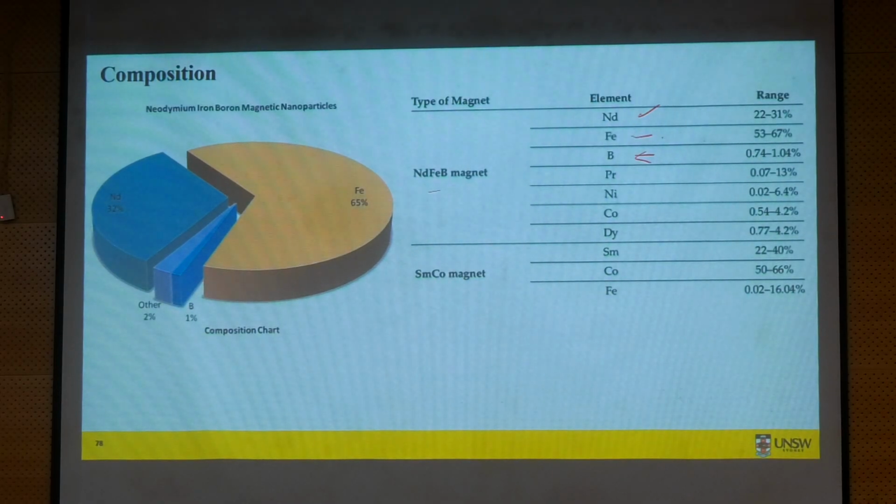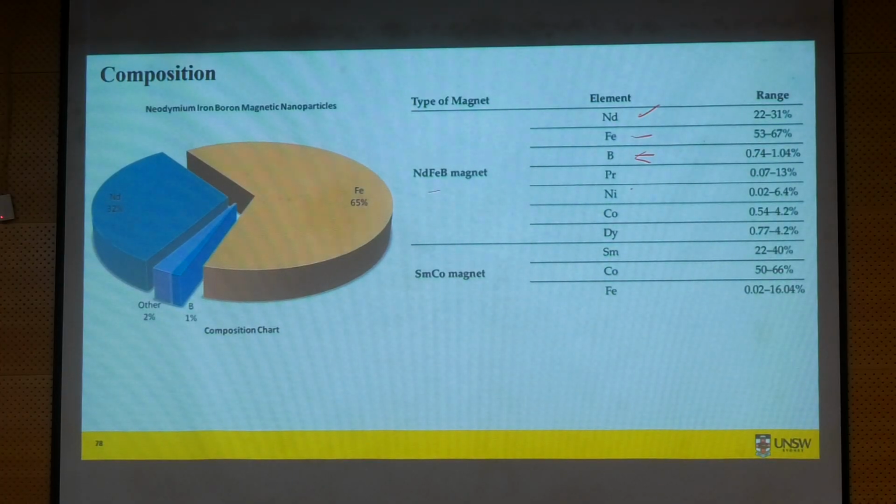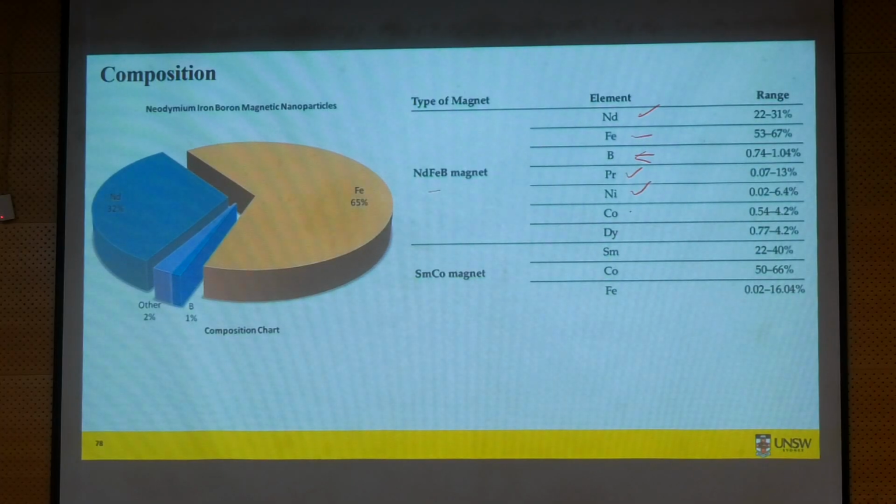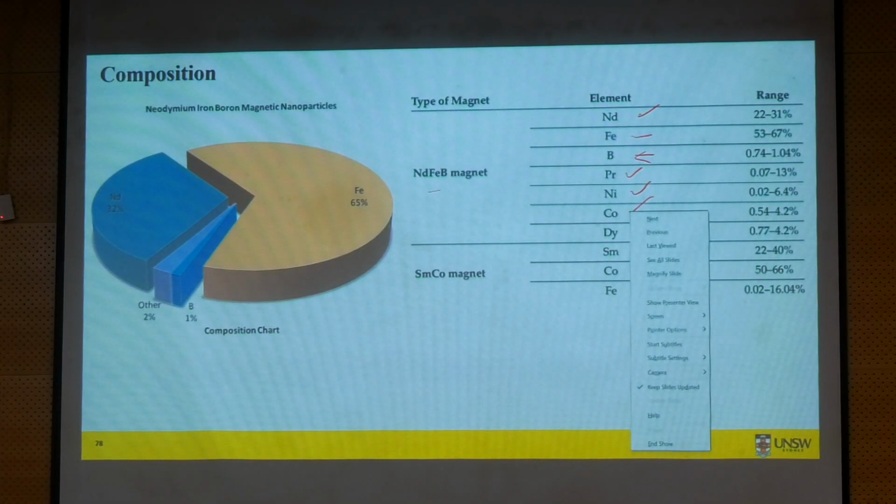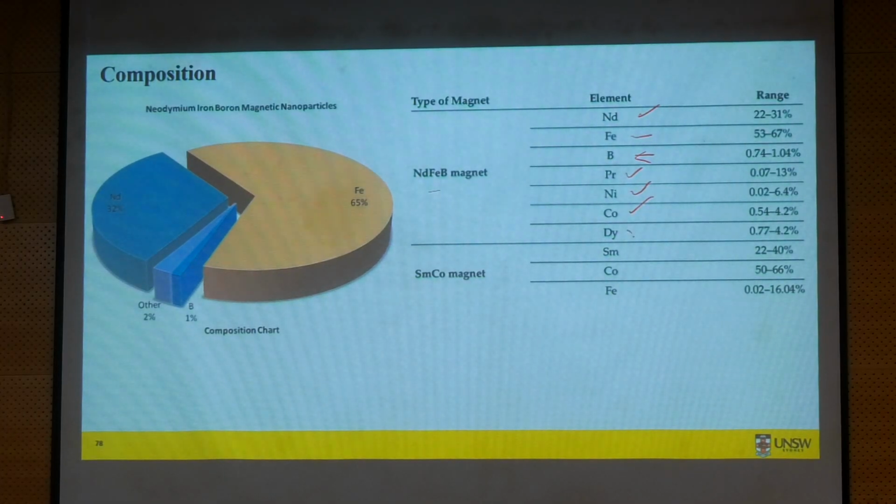So mostly iron and neodymium in composition. And it, in fact, also uses a few other materials, Pr, nickel, cobalt, and Dy, dysprosium. A few other materials are required to make it a stable magnet.